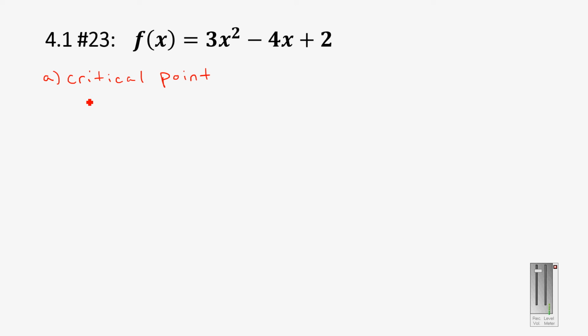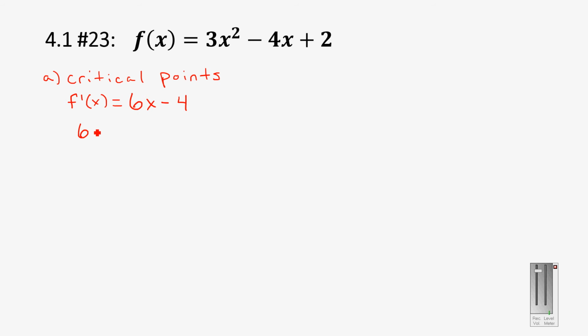And we'll start doing that by first looking for the derivative. So I'm going to first look for f prime of x. And I'll say f prime of x is equal to, let's see, 2 times 3 is 6x minus 4. The 2 goes to 0. And then to find critical points, I would take this derivative function and set it equal to 0.